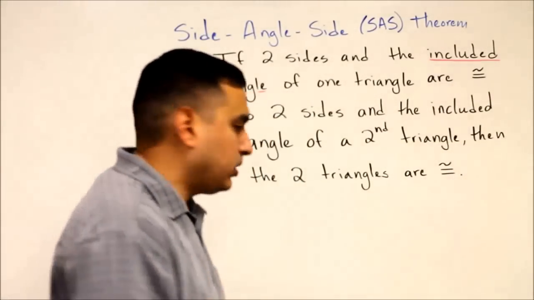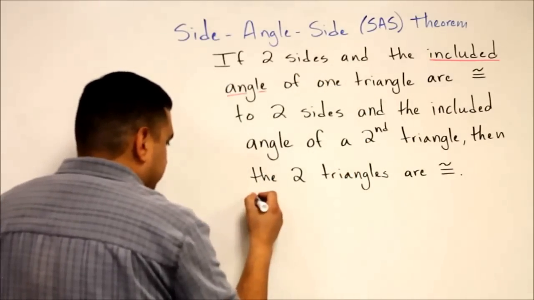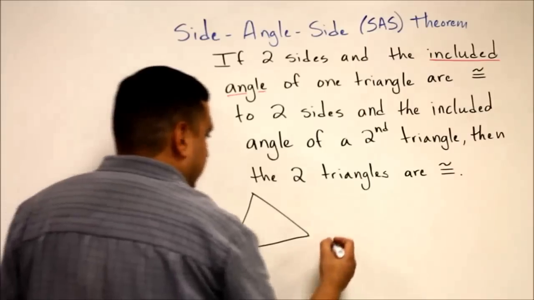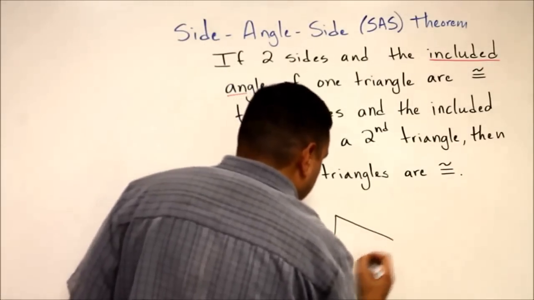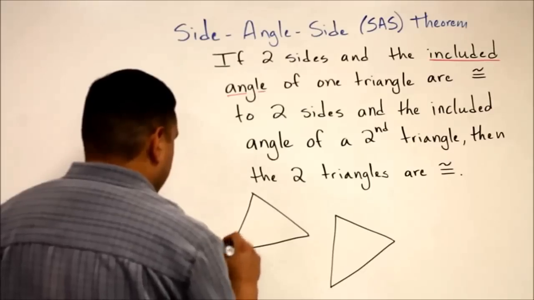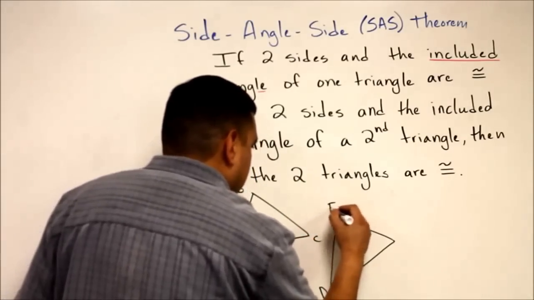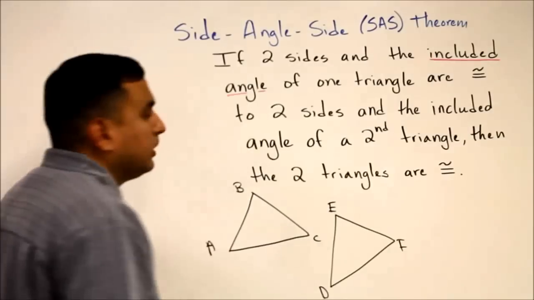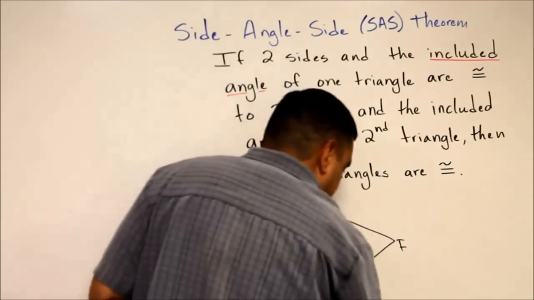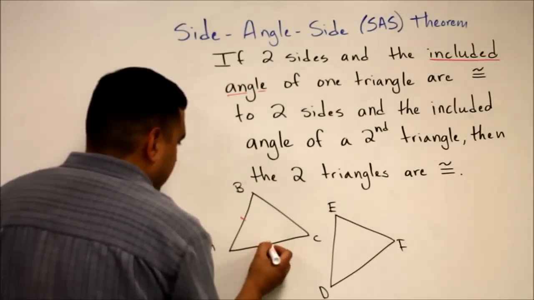So I'm going to start by drawing some triangles. I've got a triangle here, and then another triangle beside it. Let's call this one A, B, and C, and this one D, E, and F. I'm just going to pick two sides of the first triangle, ABC, say this side with this side.